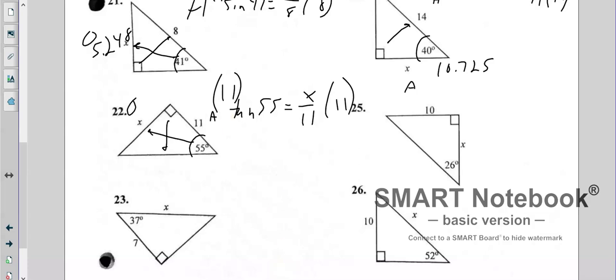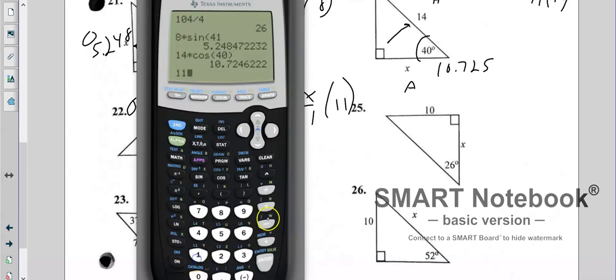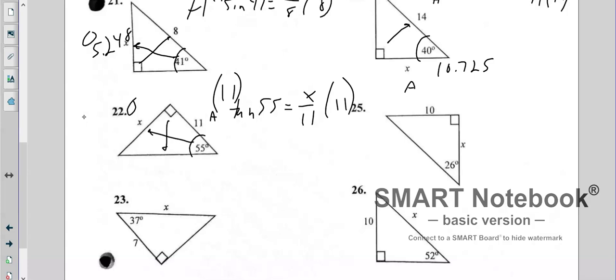So 11 times tangent of 55. 15.7096. The 6 makes this round up to 15.710. And yes, we put the 0 there because it says 3 decimal places.